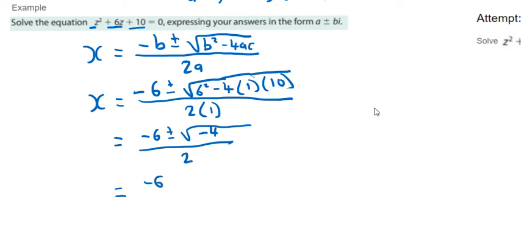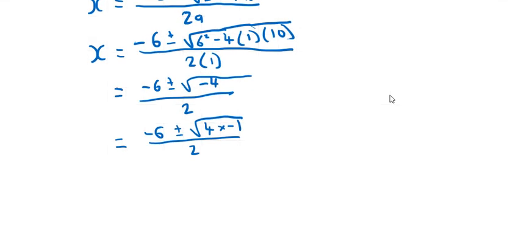So the square root of minus 4, you should have seen this before at the start of complex numbers, you can change that to the square root of 4 multiplied by minus 1. So that's minus 6 plus or minus the square root of 4 multiplied by the square root of minus 1, over 2.